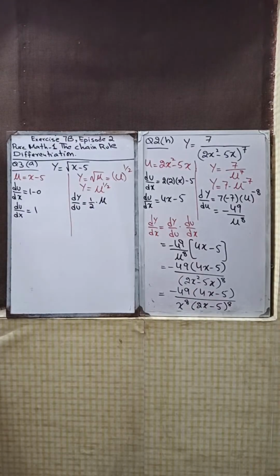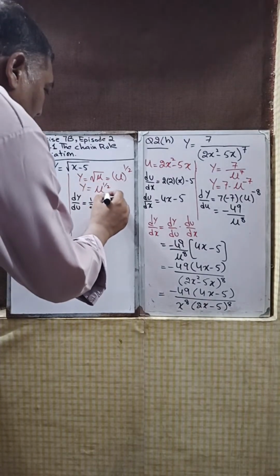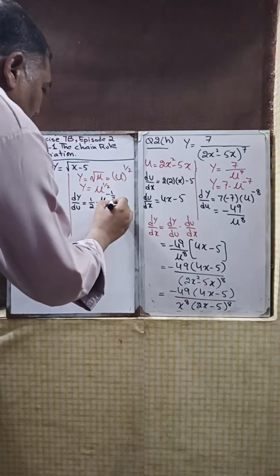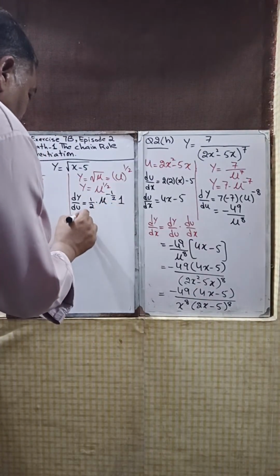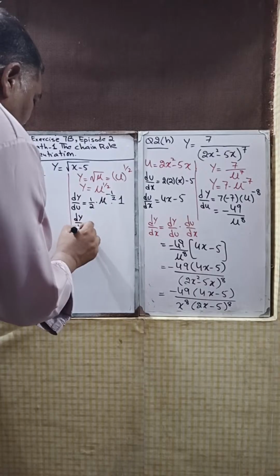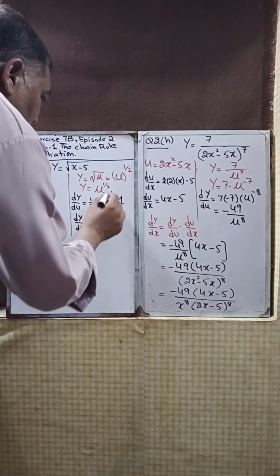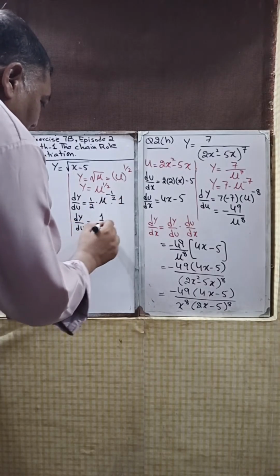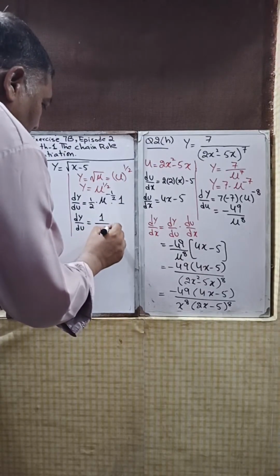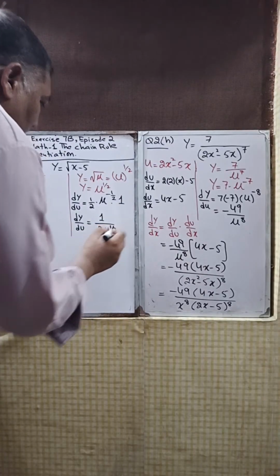So when you do 1 by 2 minus 1, it will become minus 1 by 2. Derivative of u is 1. So dy by du will be equal to, this power is negative, so bring it downstairs, so it will become 1 by 2 into u raised to power 1 by 2.